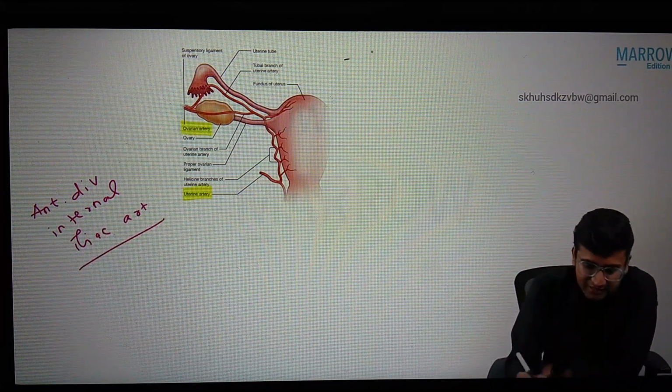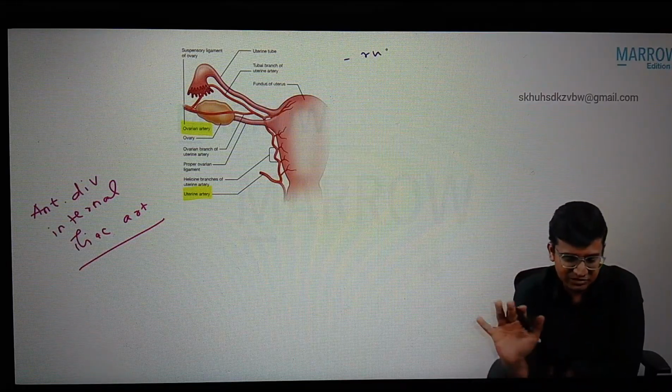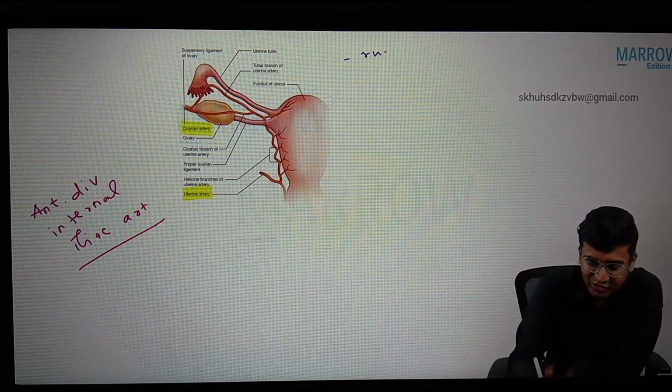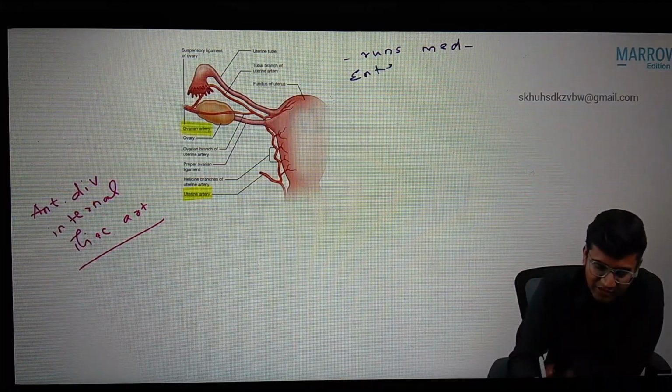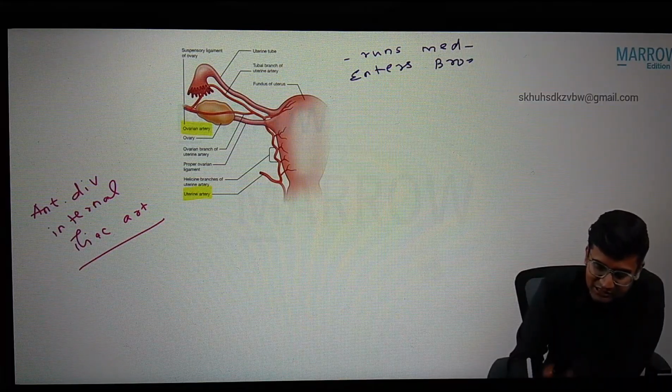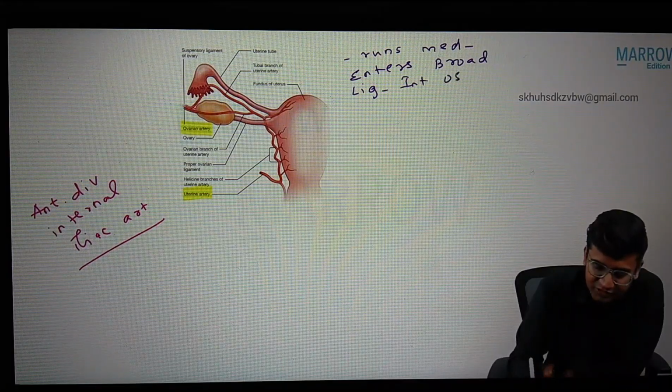Now the uterine artery runs medially. As for the course, you won't get any question from it, but for completion's sake we are writing it. The uterine artery runs medially and enters the broad ligament at the level of the internal os.